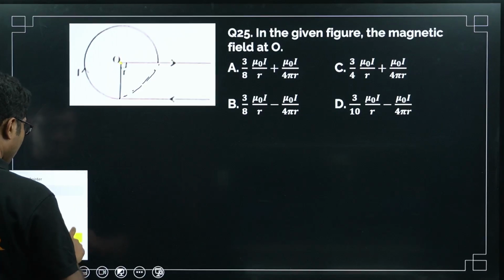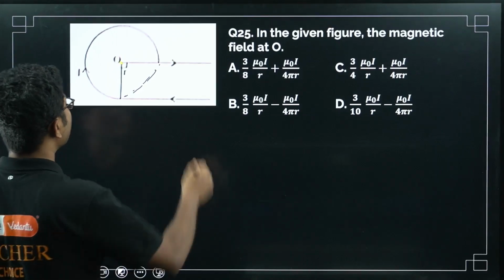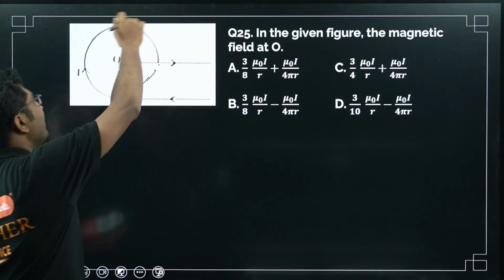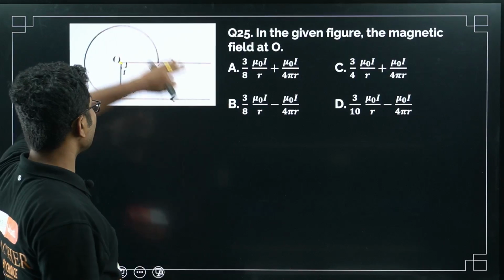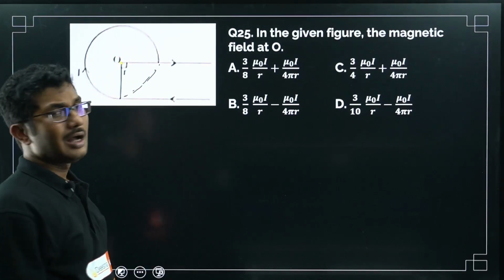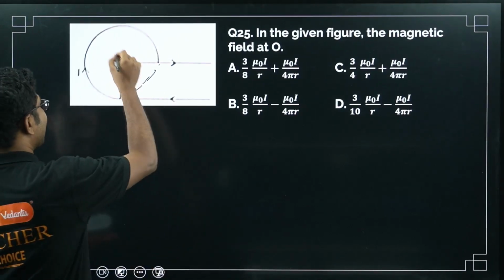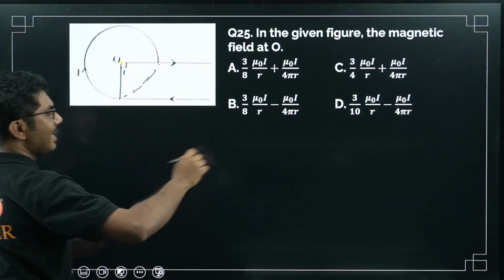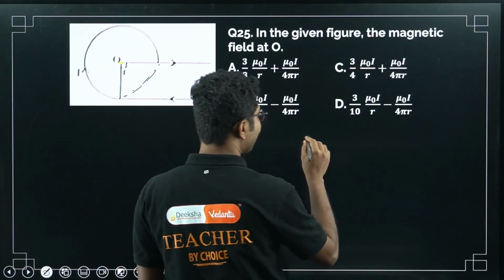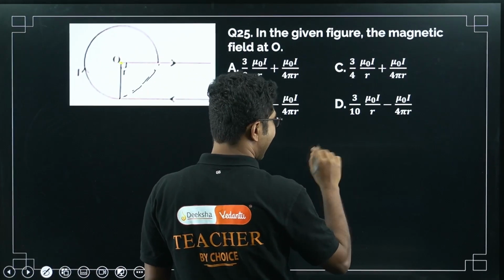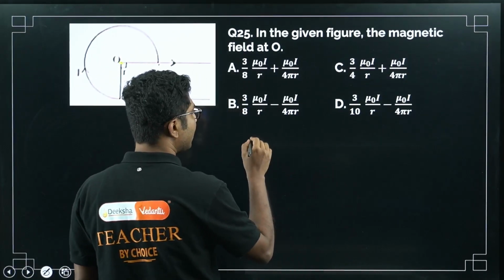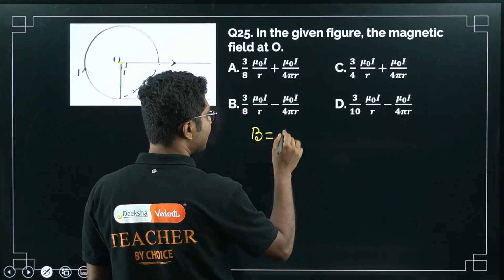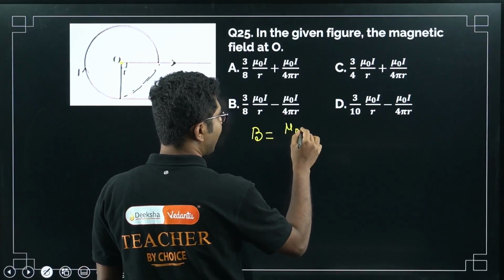Okay, so first of all what we have to do, we have to imagine that the entire loop is closed, the entire circle is closed. Then what would be the magnetic field at the center? So we know that magnetic field at some distance on the axis is given by, if you remember, only one of them will be sufficient, that is mu naught.